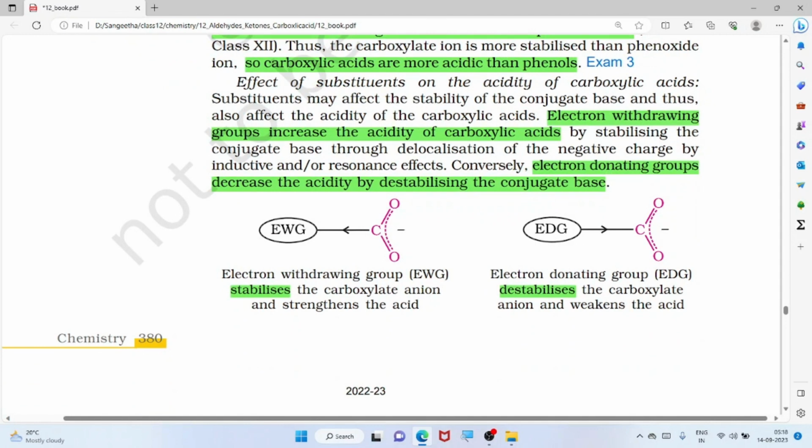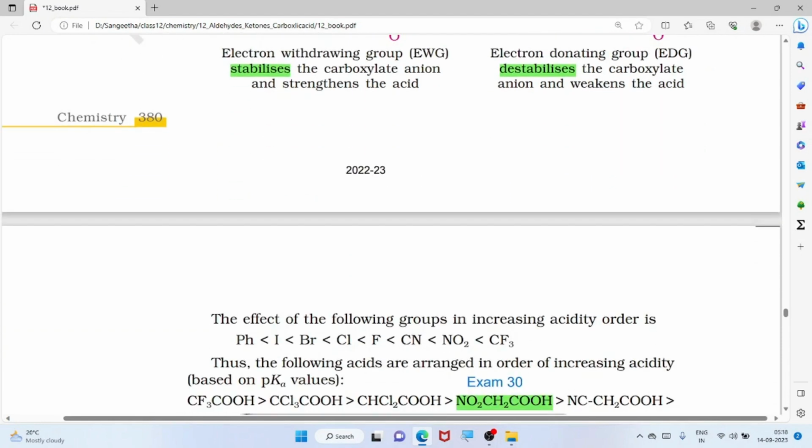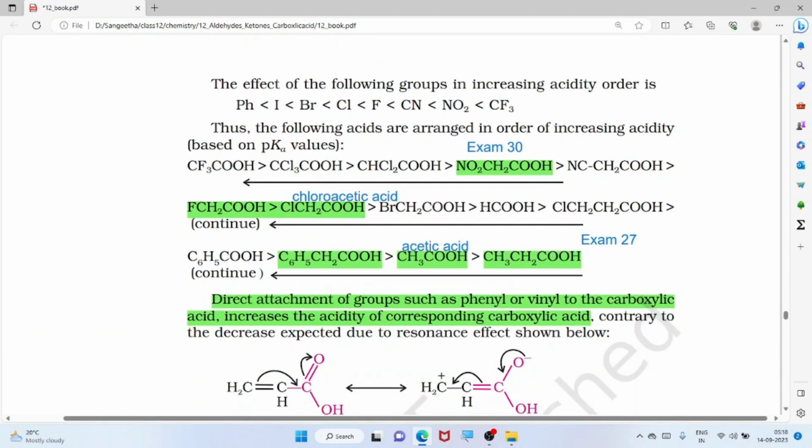Electron withdrawing groups increase the acidity of the carboxylic acid. Electron donating groups decrease the acidity. This is how the acidity varies. Here this is more acidic than this; this is more acidic, more stable than this compound.